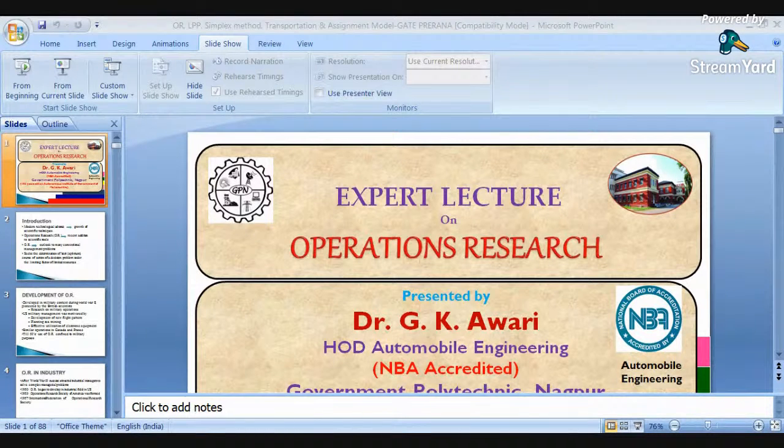The inherent limitations concerning mathematical expression, these are the limitations of operation research. High costs are involved in the use of the OR technique. OR does not take into consideration the intangible factors.